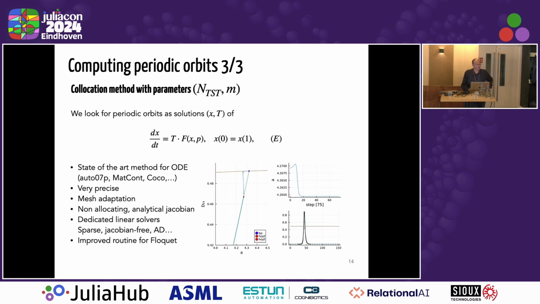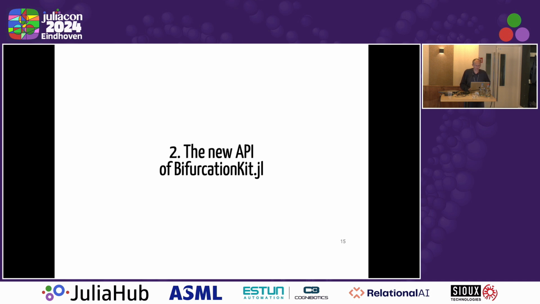Sparse Jacobian-free methods are available for PD. And again, you can do branching from Hopf, period doubling, and bifurcation of the limit cycle automatically. And this is basically the only software, with MatCont, which can do these period doubling and Neimark-Sacker normal forms.